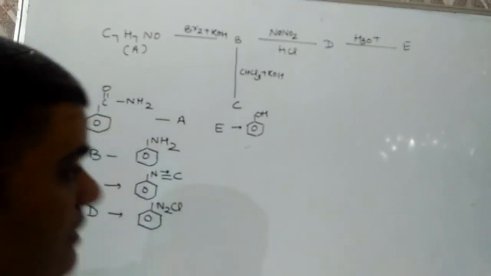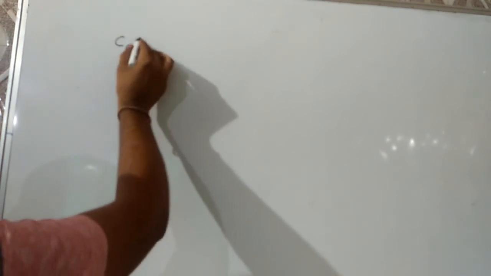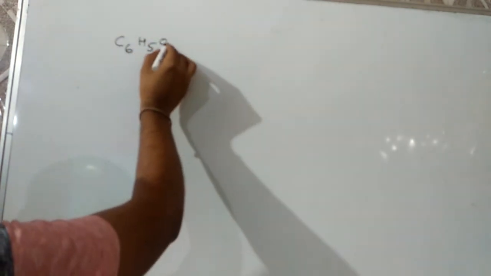The next question may be similar to it, and various questions may be asked on this table. That's why I am requesting you to study it carefully. The next question may be C6H5O2N.